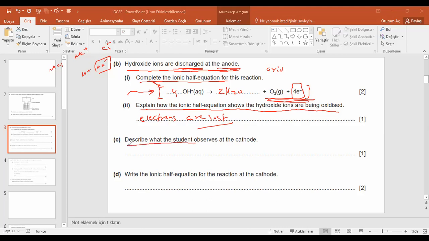Describe what the student observed at the cathode, the negative electrode. The electrolytic cell looks like this. Here we have, as we said, 4 ions, and here we have the positive electrode and the negative electrode.